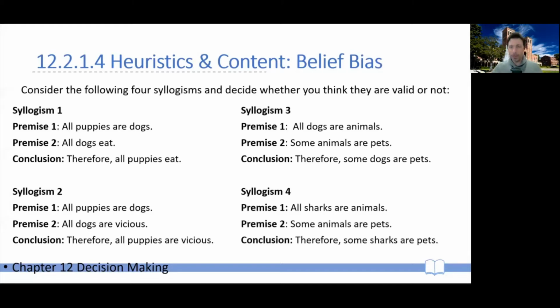Okay, let me explain. An important corollary of the fact that validity is a formal property is that it is independent of the truth value of the conclusion.